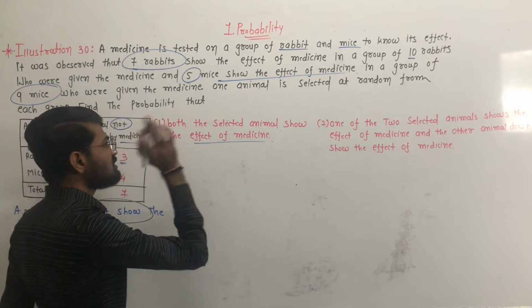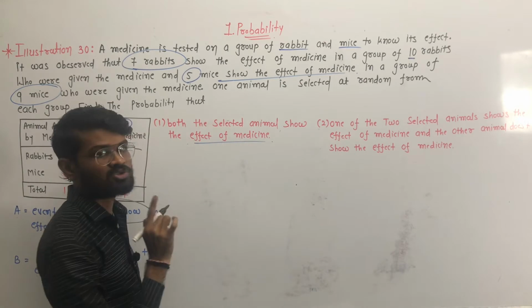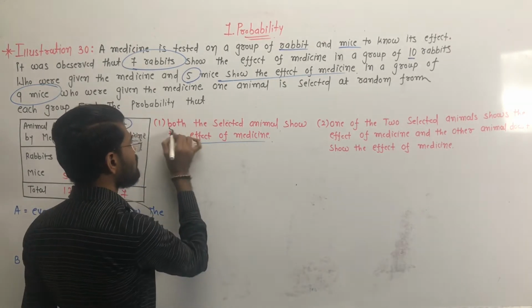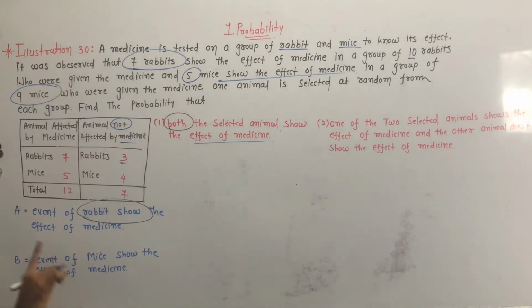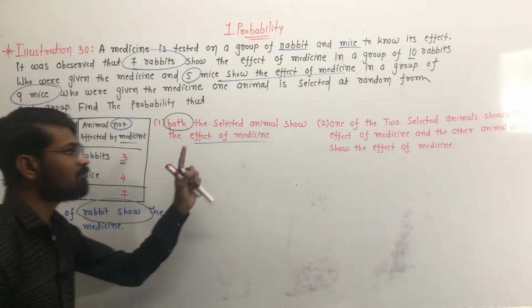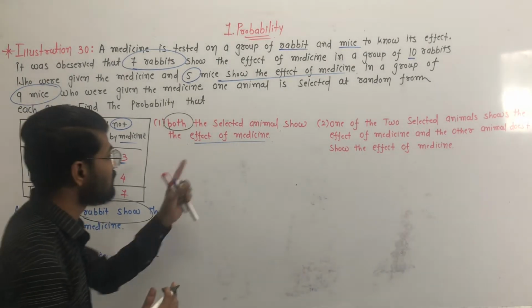But event 1 is that both the selected animals show the effect of the medicine. Both means the rabbit and the mouse both show the effect of the medicine.